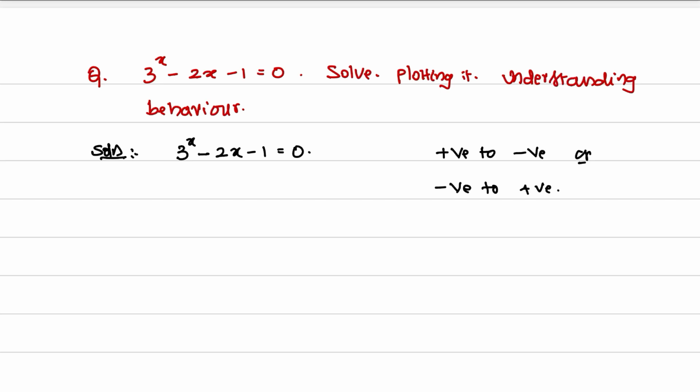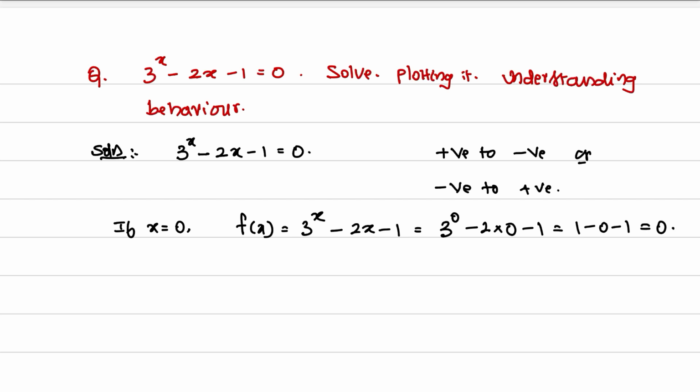Now, let us try to understand the behavior. By trial and error, if x is equal to 0, what happens? The given equation is function f(x), a function in terms of x. 3 to the power of x minus 2x minus 1 is equal to 3 to the power of 0 minus 2 into 0 minus 1, that is equal to 1 minus 0 minus 1, that is equal to 0.